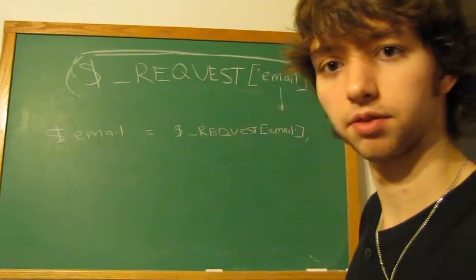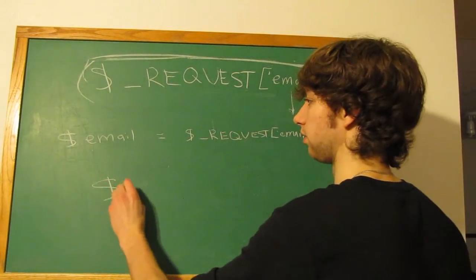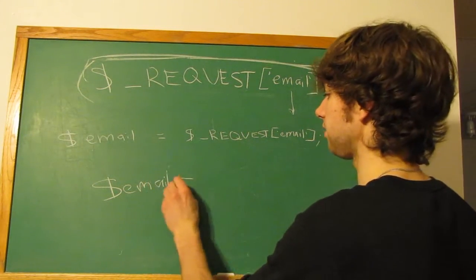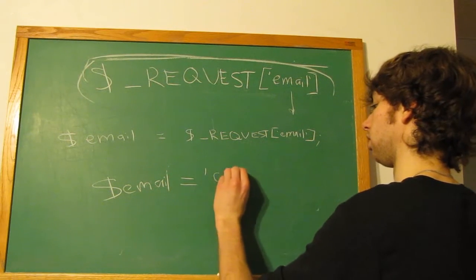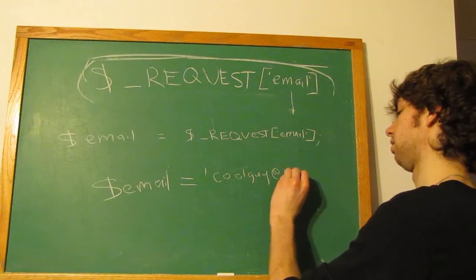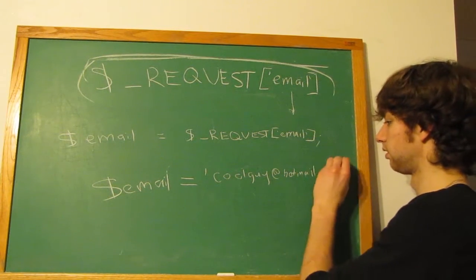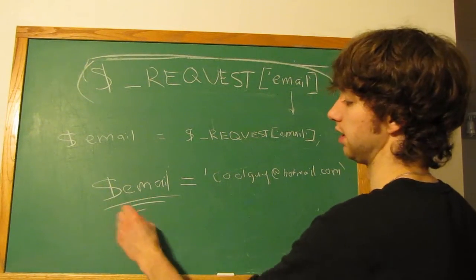I feel like you can't see that because of the glare or something. Well, this means that email, the variable, now has the value coolguy@hotmail.com. And then we could echo out this, we could use this in an easier fashion.